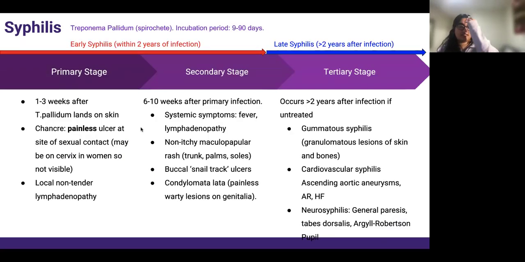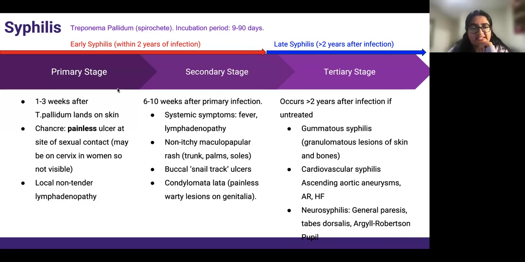So syphilis is a bacterial infection caused by Treponema pallidum, which is a spirochete, a spiral-shaped bacteria. It has quite a long incubation period, and it has 3 main stages.